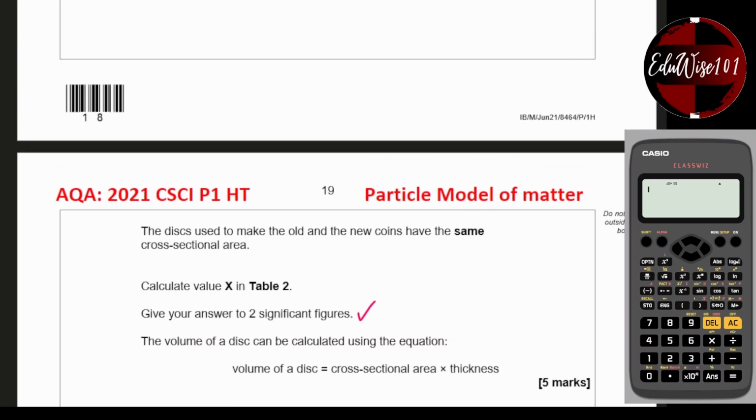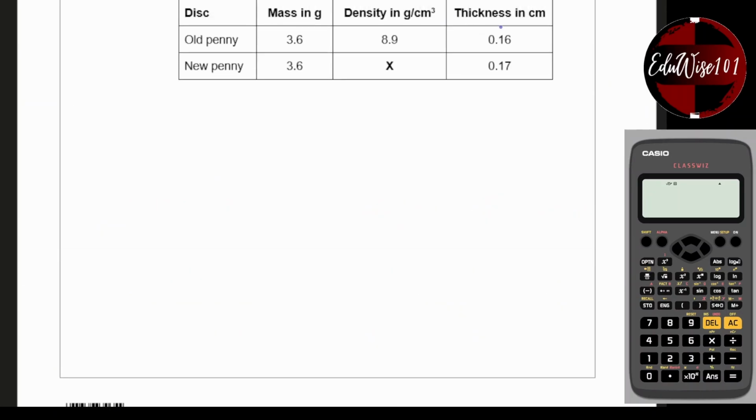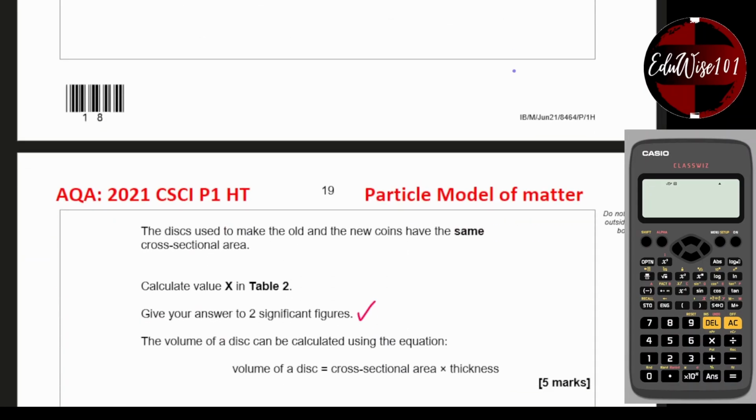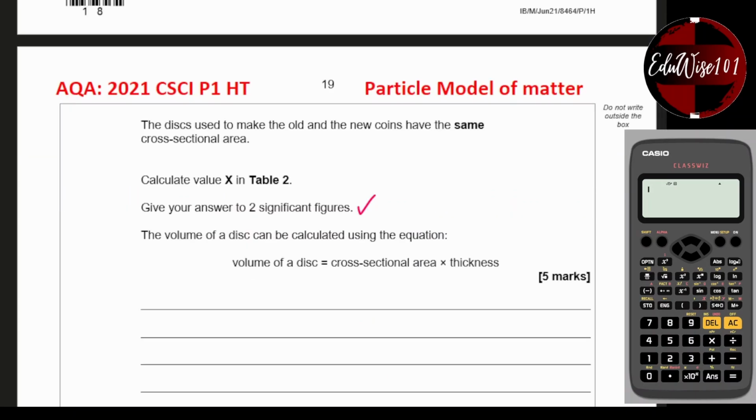So they have given us the thickness, you will have to work out the cross-sectional area. So let's have a look at how we are going to do this. For 5 marks, you will need to use more than one equation. So let's start off with the first equation that we need. Calculate value x, which is the density.